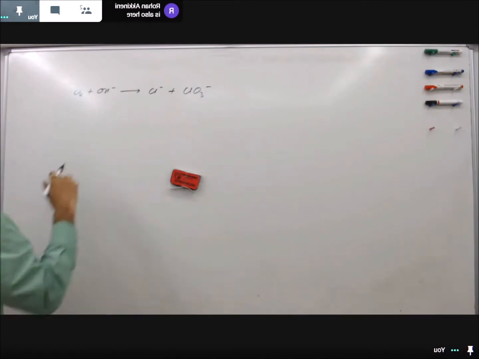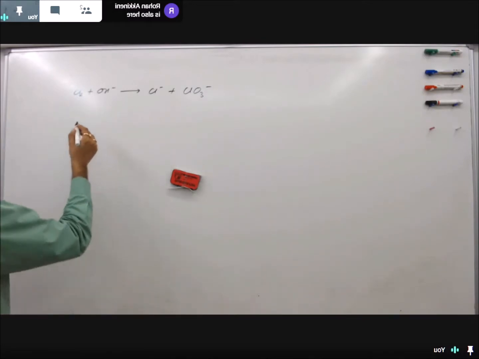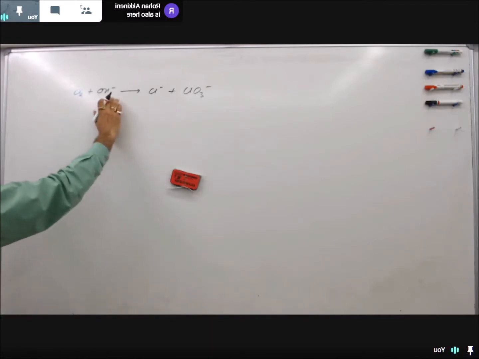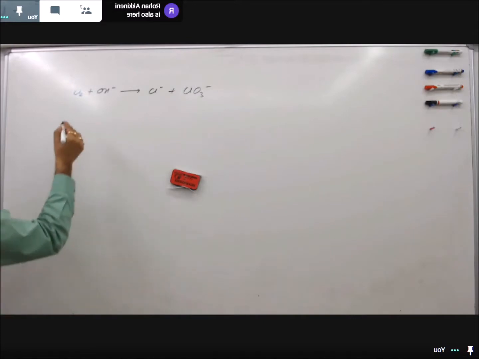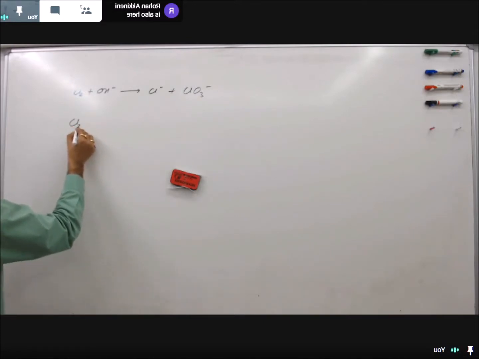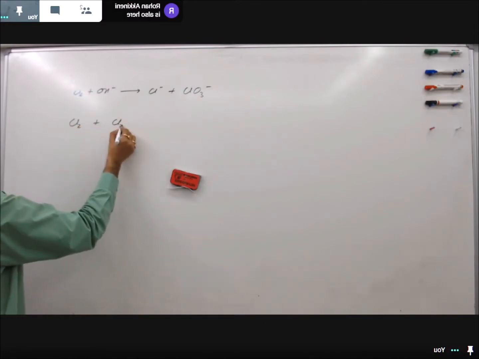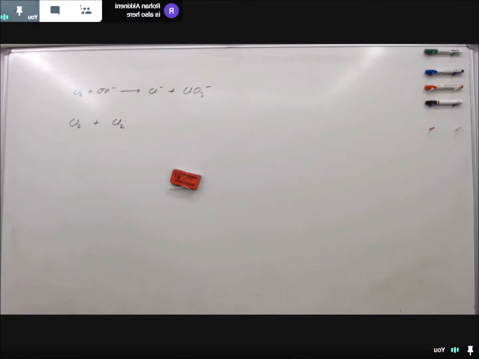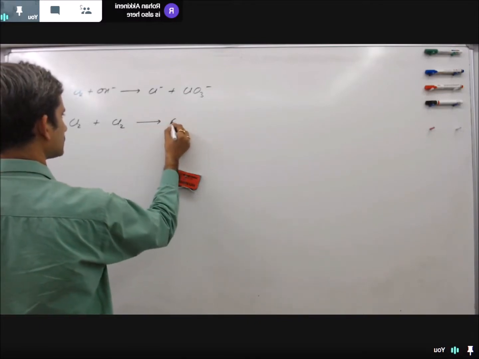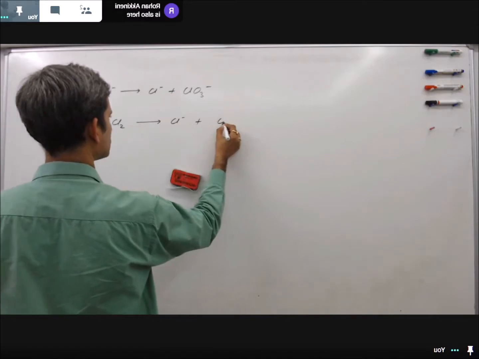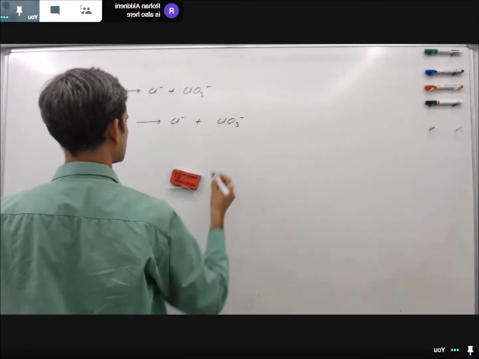Now, having talked about this reaction, let us do it this way. We find that OH minus is just the medium. Now what we do is we write Cl2 twice, because Cl2 is the oxidizing agent as well as the reducing agent. This gives us Cl minus and ClO3 minus.